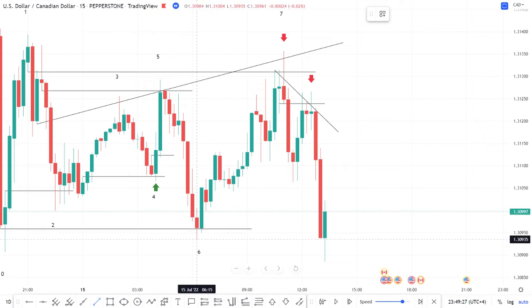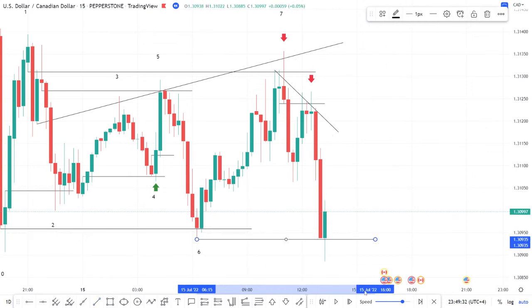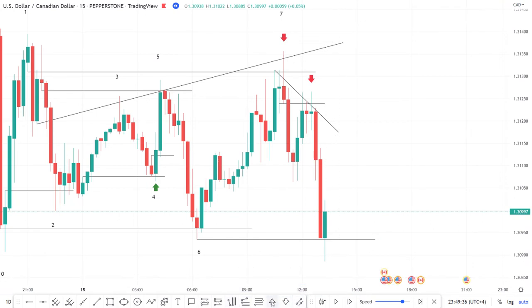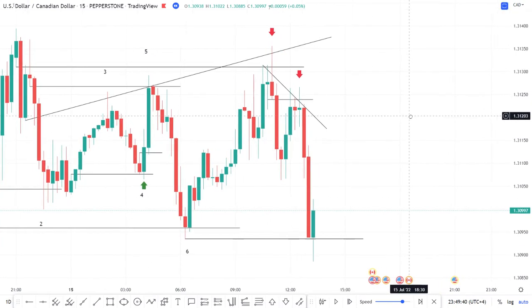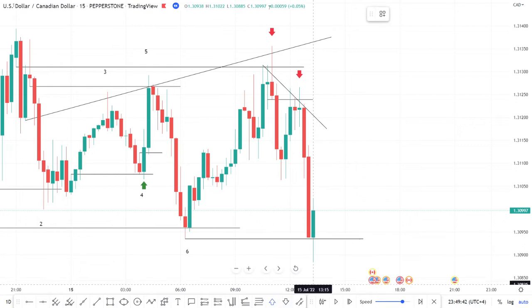So, meron tayo ditong number 6. Yan. And meron tayo ditong very defined fractal candle with a lot of buying pressure. So, ano ibig sabihin yan? Frustrated na ba yung trade idea natin? Could be.